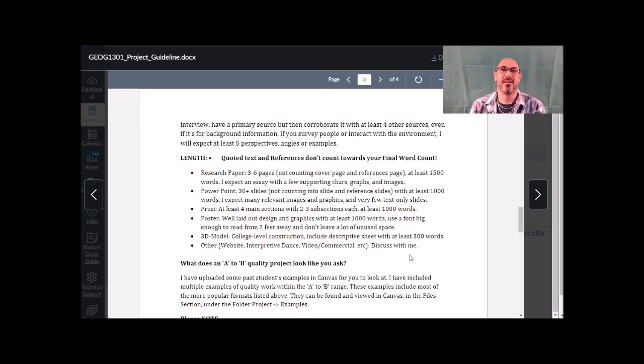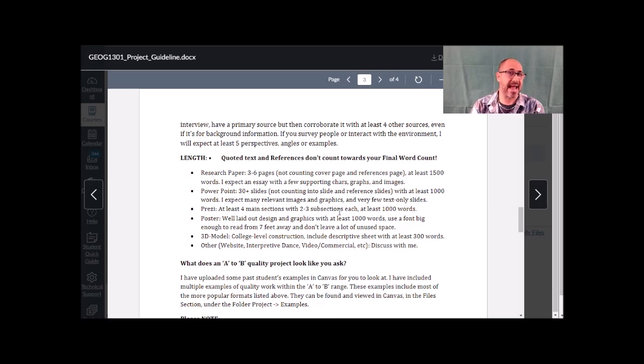Now, the nitty-gritty of your project. The number one question: how long does my paper have to be? What do I have to have in it? Well, here you go. You can do this project in any format you want. You can do a paper. You can do a PowerPoint presentation. You can use PowerPoint. You can use Prezi. You can do a poster that you put up on a wall. You can make a video. You can make a commercial. You can make a video game.